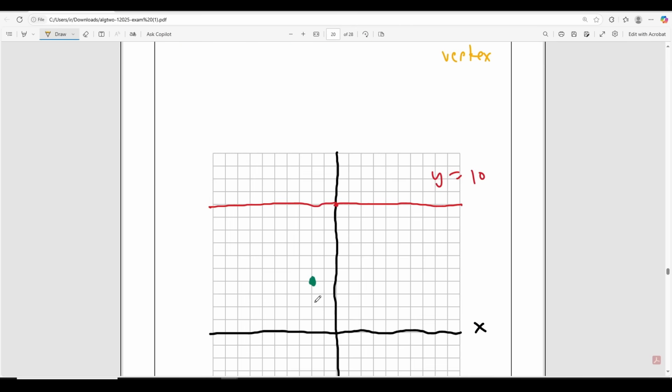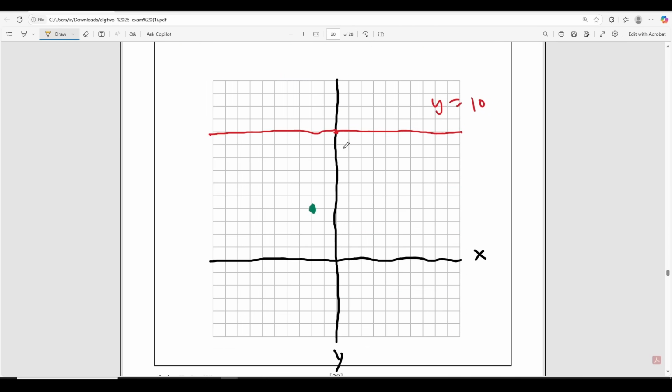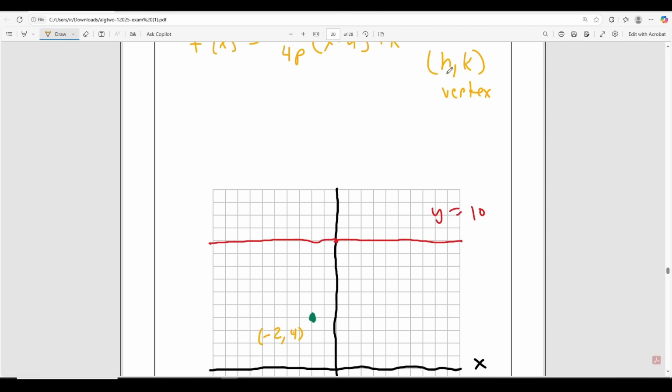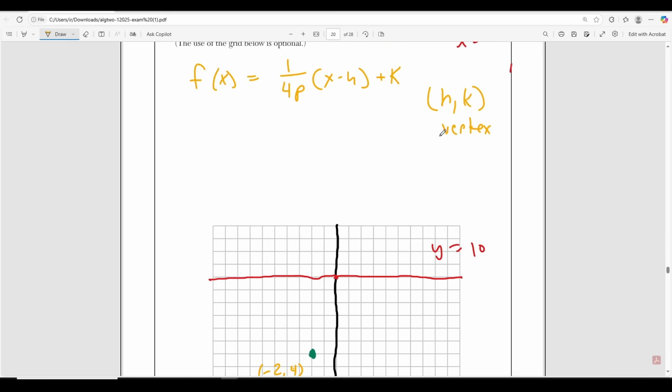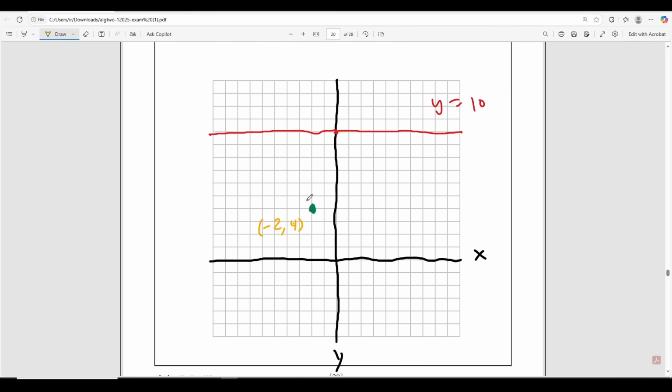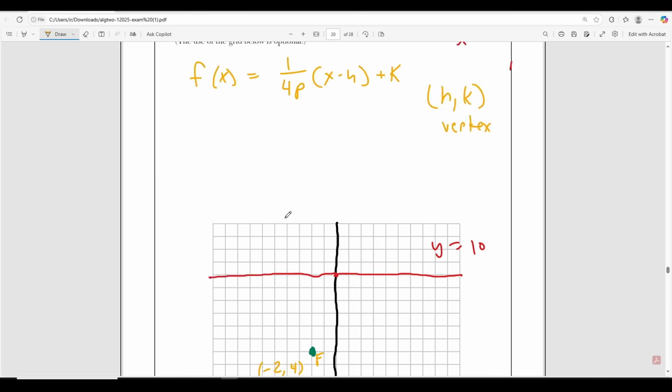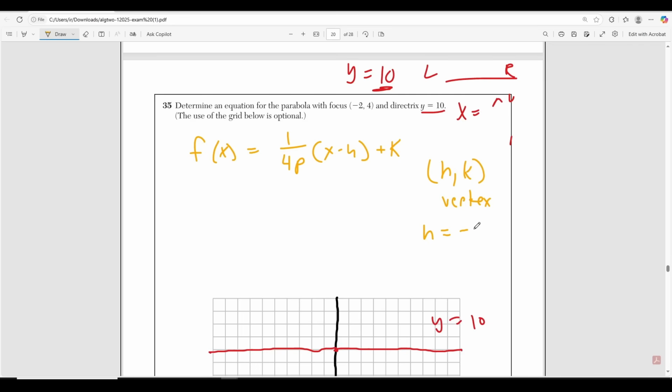Now, just by looking at this point, we know that the focus is negative 2 comma 4. We know that the x coordinate, or my h for my vertex, is going to be negative 2, because the vertex is always above the focus and below the directrix. It's in between these two. So it has to be above the focus, which is situated at the point negative 2. So I know that my h is equal to negative 2.